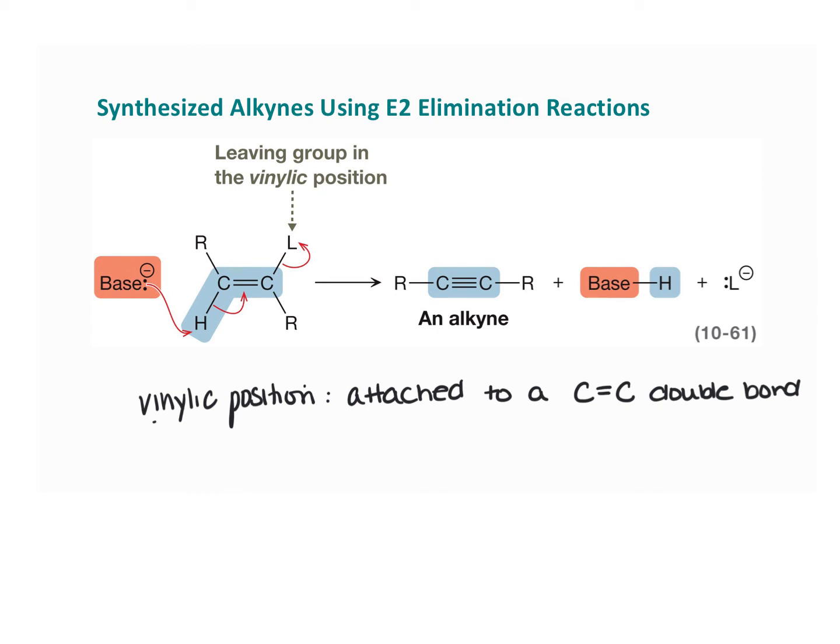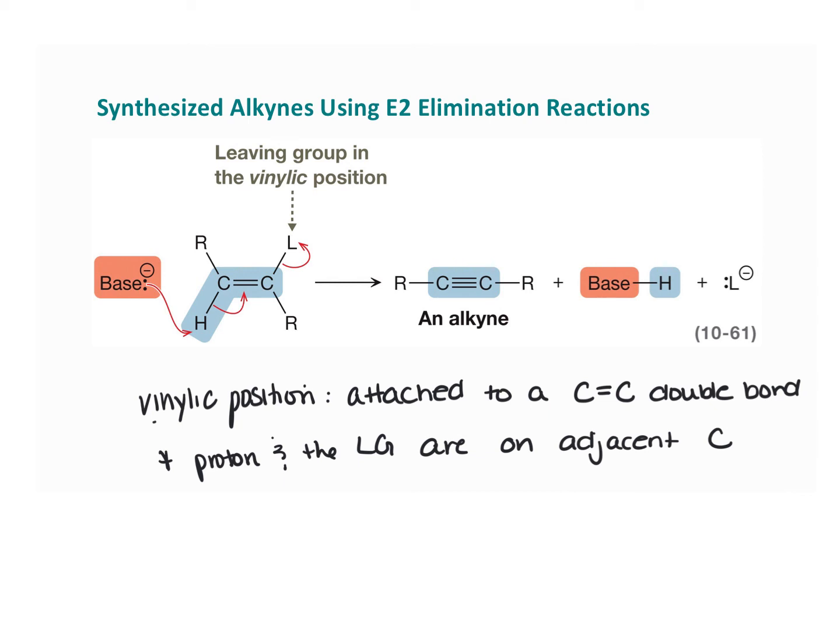I want you to notice, just like other E2 reactions we've looked at, the proton and the leaving group are not on the same carbon. They're on adjacent carbons, okay?